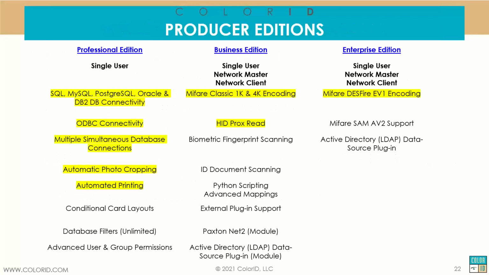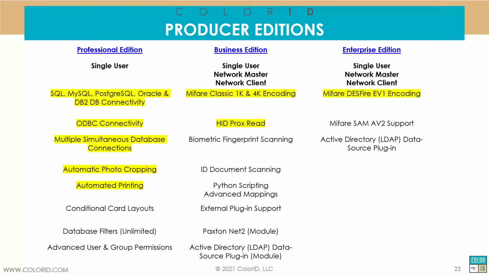But anyway, editions. All these desktop software products come in a variety of editions, and there are just a couple things that make a big difference. If you notice the professional edition here, which is priced well below $1,000, it's a single user. It supports all the databases that the higher editions support: SQL, MySQL, PostgreSQL, Oracle, DB2, a lot of different databases.